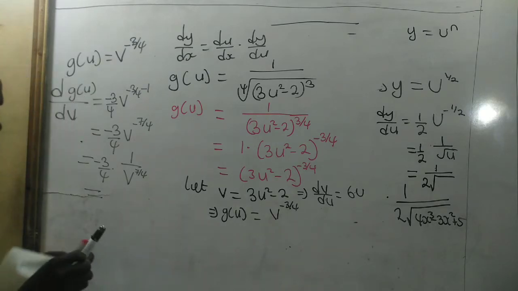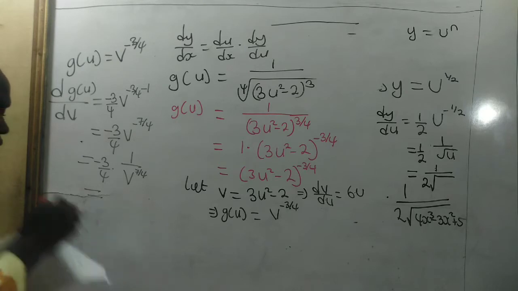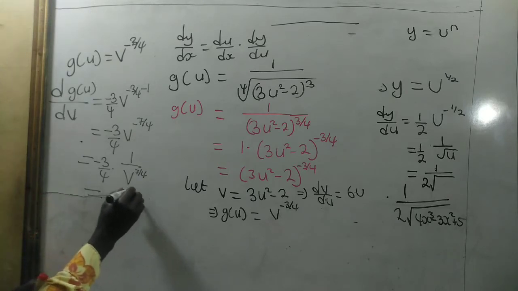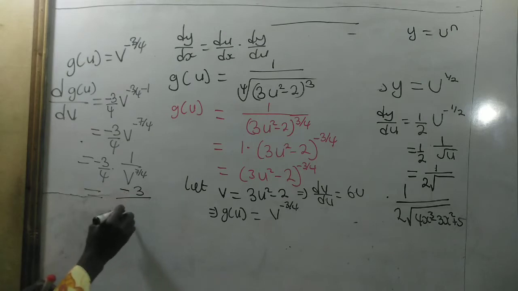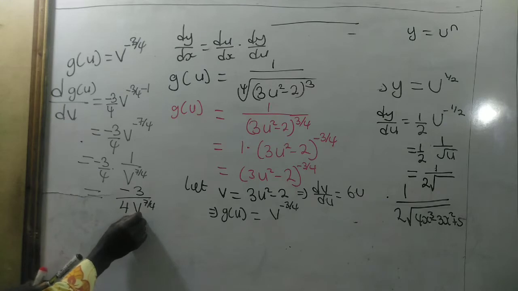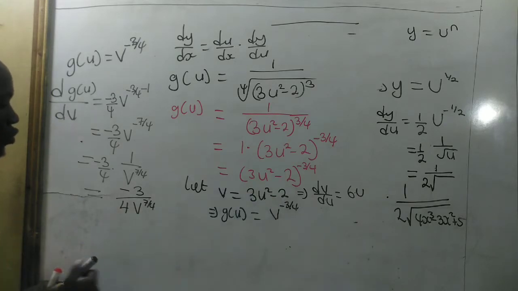This is the same as minus 3 on 4 times 1 over v to the power 7 on 4. So yes, but what is v? v is 3u squared minus 2.